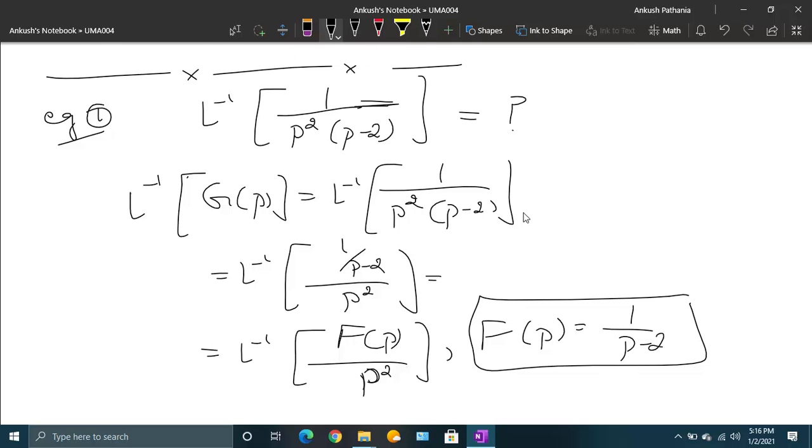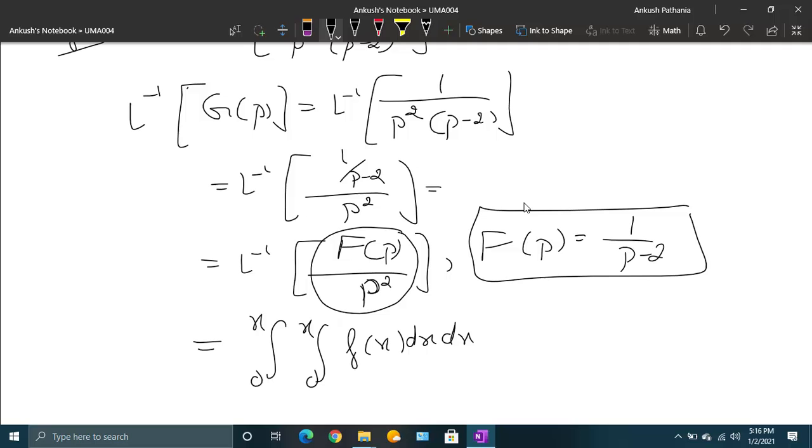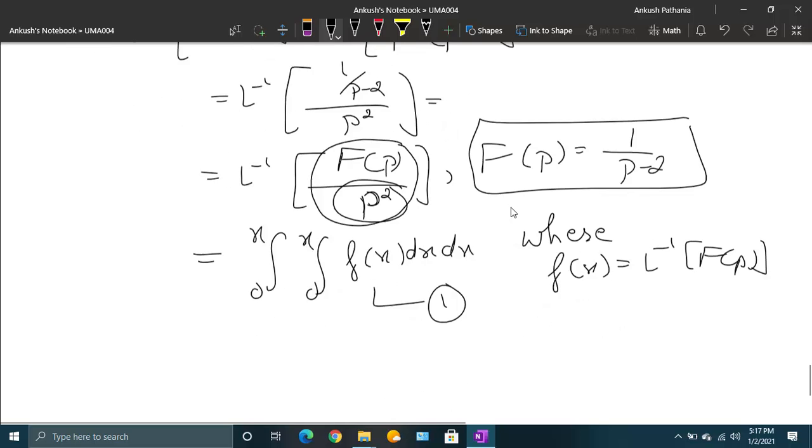So this is the Laplace inverse he is asking, and now I change it into this form, which correlates to property number 5. According to property number 5, this is going to become the integral from 0 to x of f(x) dx, a double integral, because in the denominator it is p square. So this is what I now have to find, where f(x) is basically the Laplace inverse of F(p).